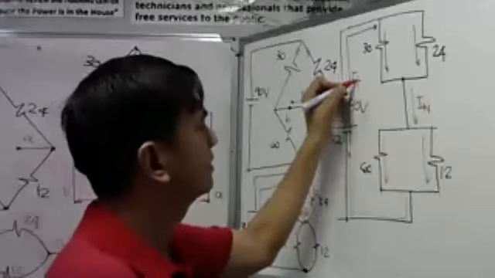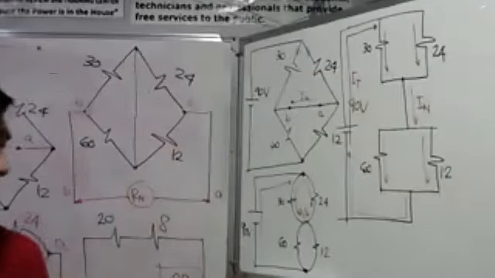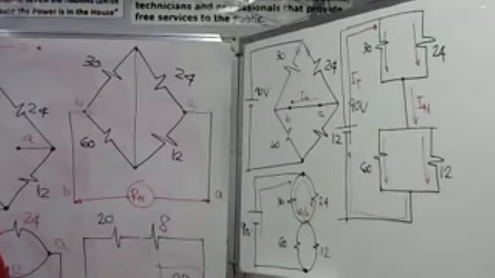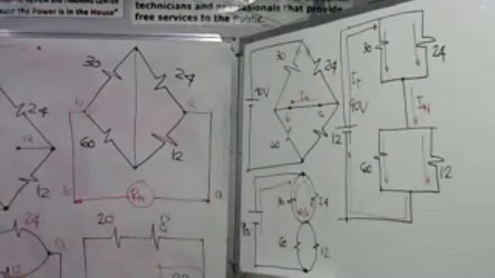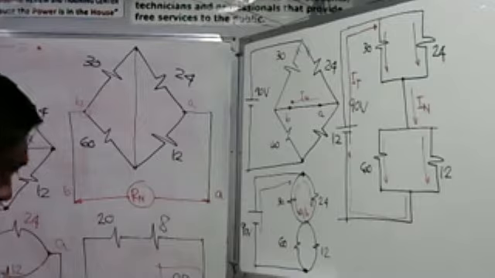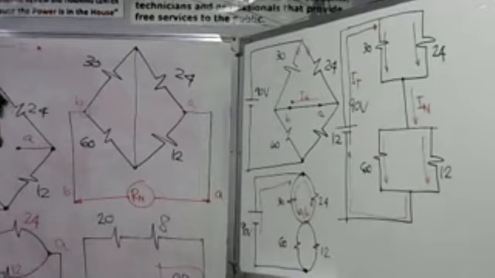How is that, sir? Okay, let us calculate, of course. Let us calculate. How is it? 30 in parallel with 24. So, product over the sum. So, automatically, 30 times 24, then divided by 30 plus 24.